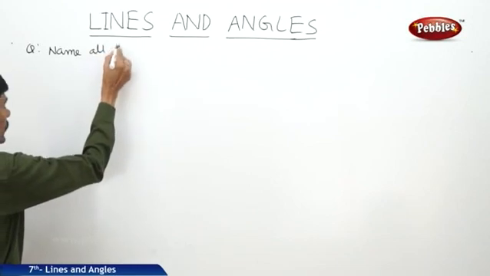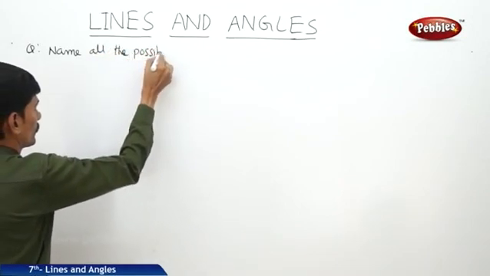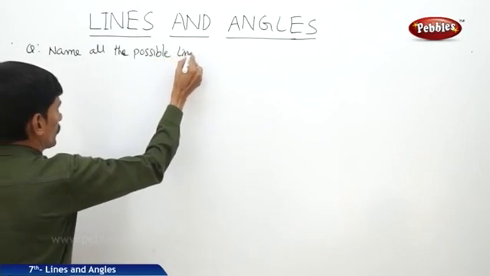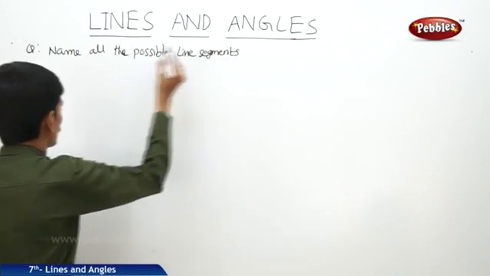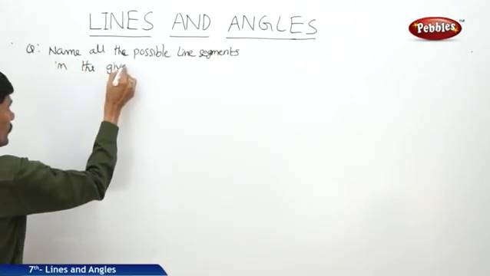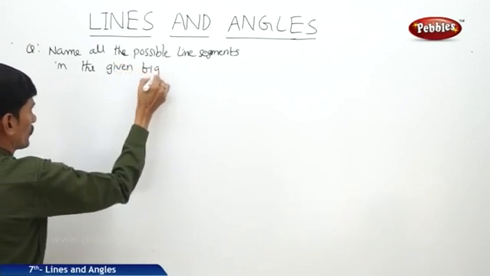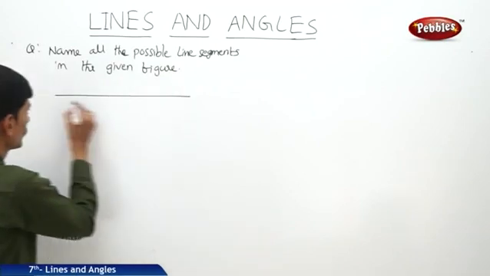Name all the possible line segments in the given figure. Now there is line segment AB.